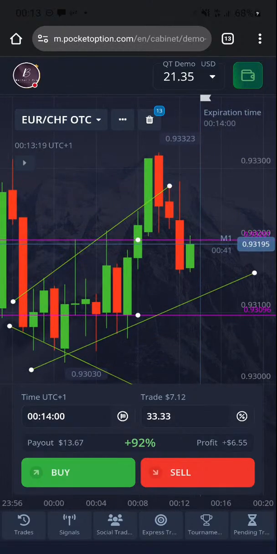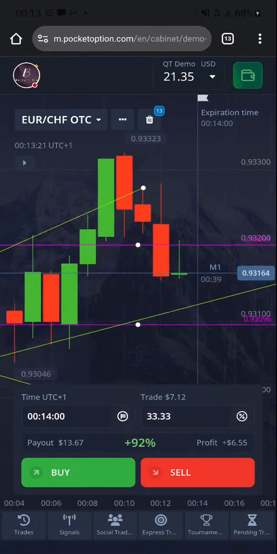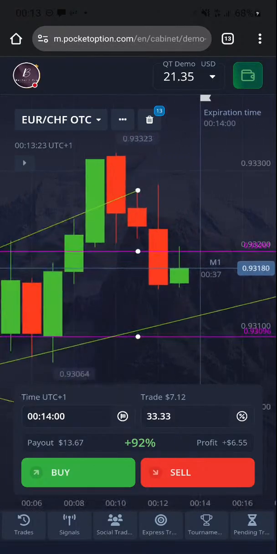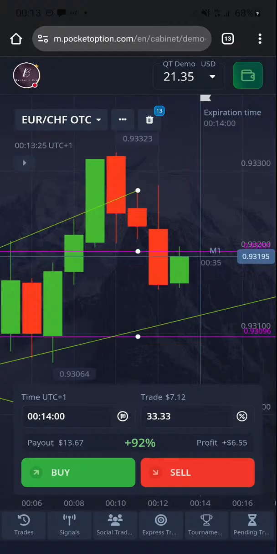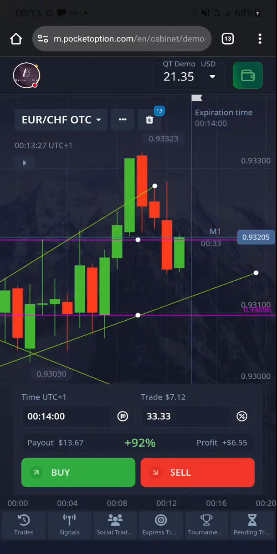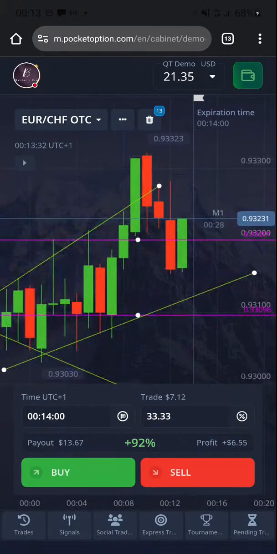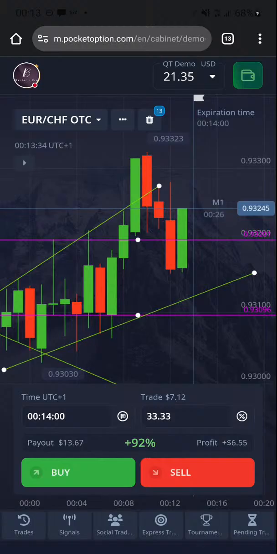So we still have another common point of rejection here. We can take this trade, but what we need to do is let it come below this doji entry, this doji range. So if it comes below it now, we can take the trade.